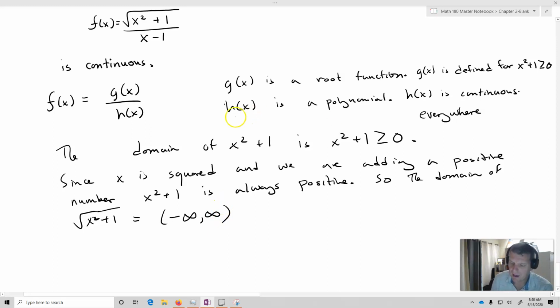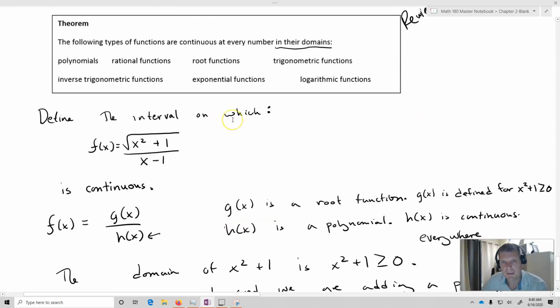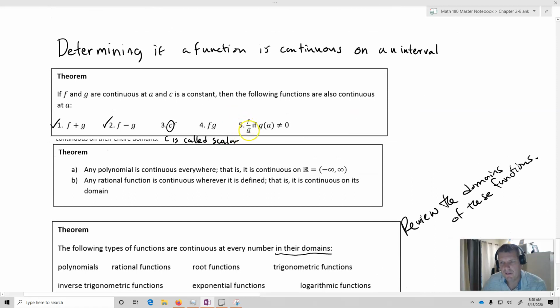We said h of x, our bottom function, is also defined everywhere. But remember, we'll go back up to this last little piece, we've got f over g. They're defined everywhere. Great. Continuous everywhere. Except for the fact that g of a is going to equal 0 somewhere.